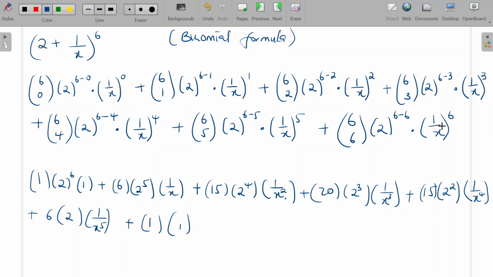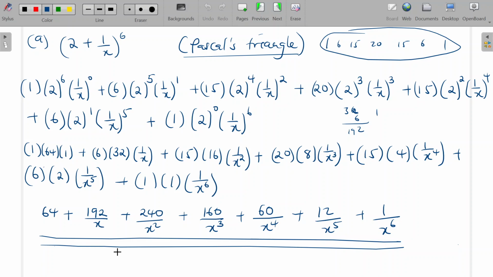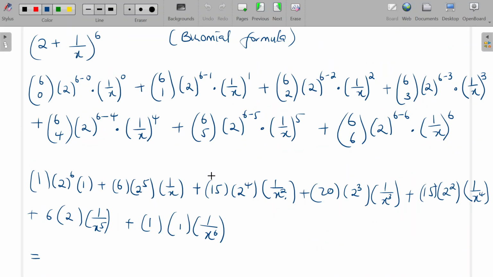And then 1 over x to the power 6 is going to be 1 over x to the power 6, which is just that. We're going to get the same answer we got here. Because now if you check it properly, we have this. That's what we have now from here.